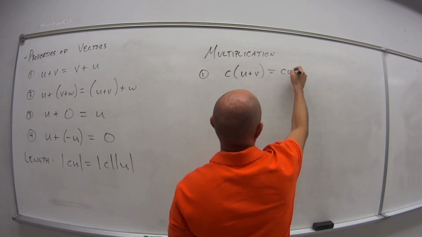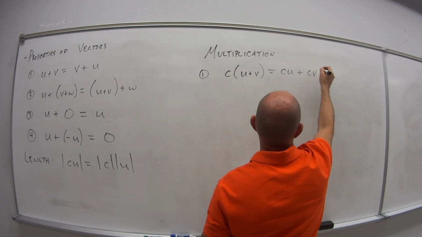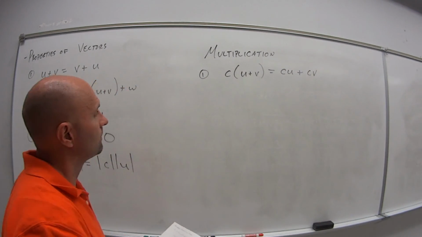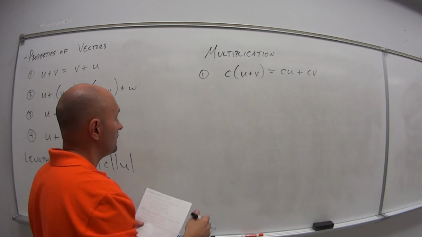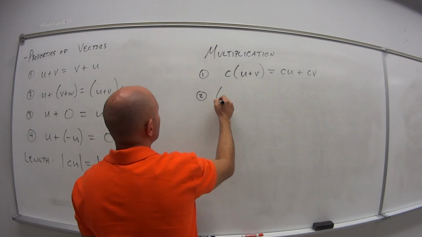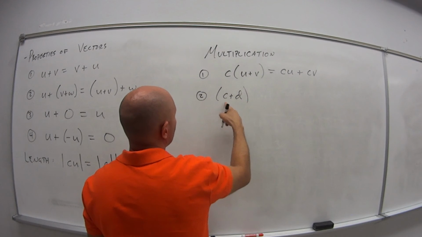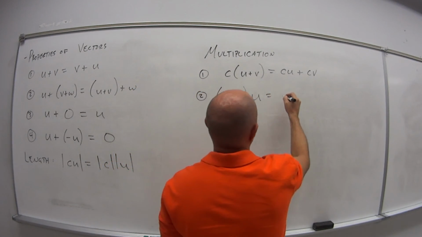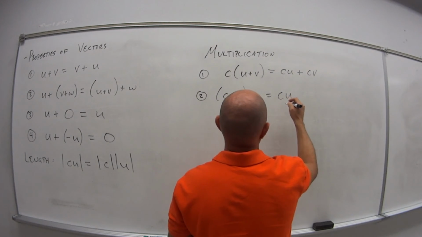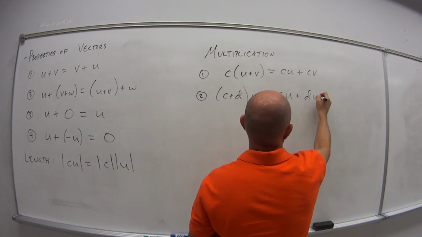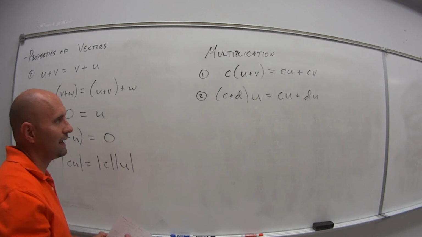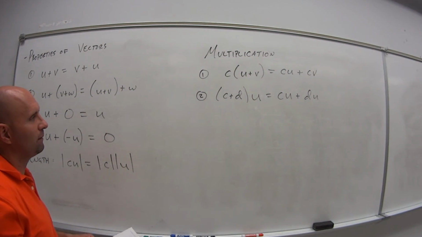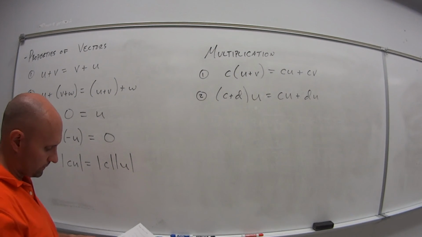So this is the same as cu plus cv. If I have 2 scalars and I add them together, c plus d, and I multiply them by some vector, that's the same as c times u plus d times u. Again, the distributive property works the same with vectors as it does with numbers.